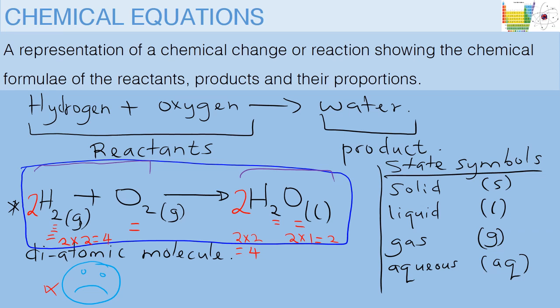We also have 2 oxygen atoms on both the reactant and product side. That brings us to our balancing friend, who will now be very happy, and therefore this equation is balanced.